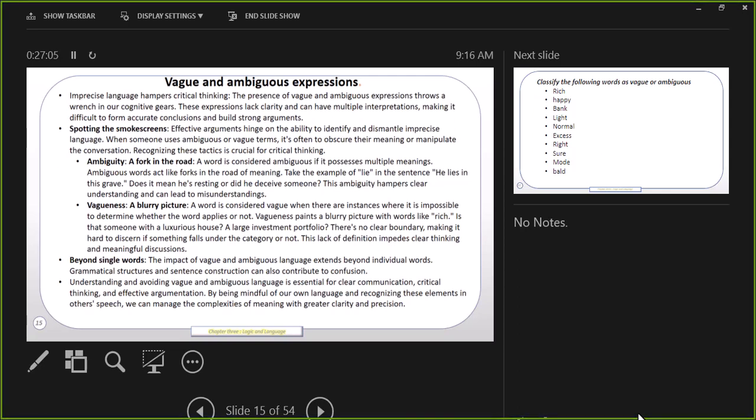Why? It has multiple meanings. Specifically, the same thing is true for vague, right? It has multiple meanings. But what makes it different from ambiguous? Both vague and ambiguous have multiple meanings. But what exactly is an ambiguous word?